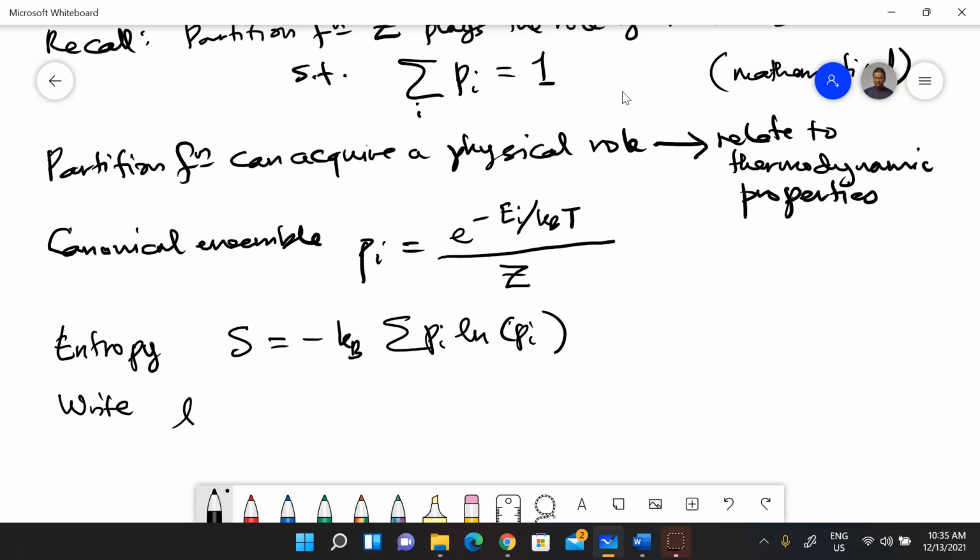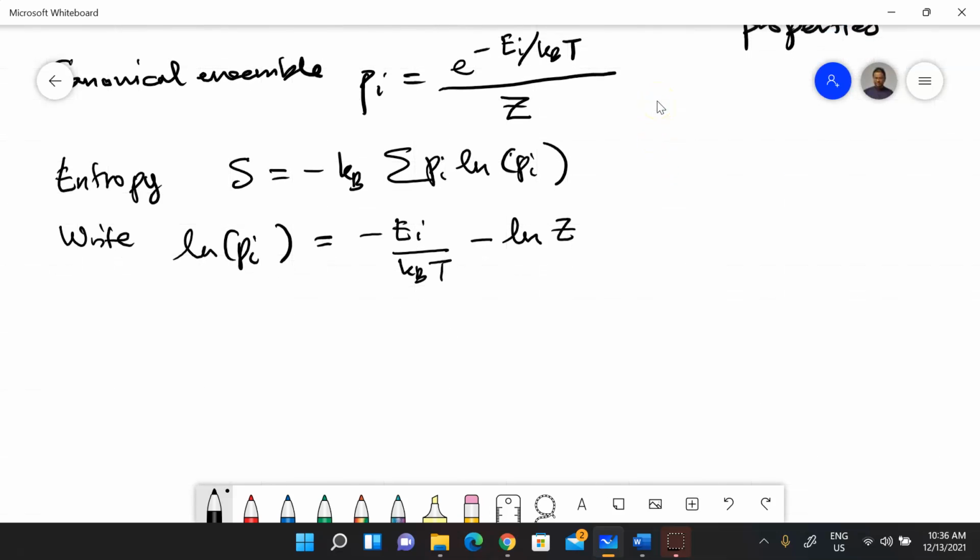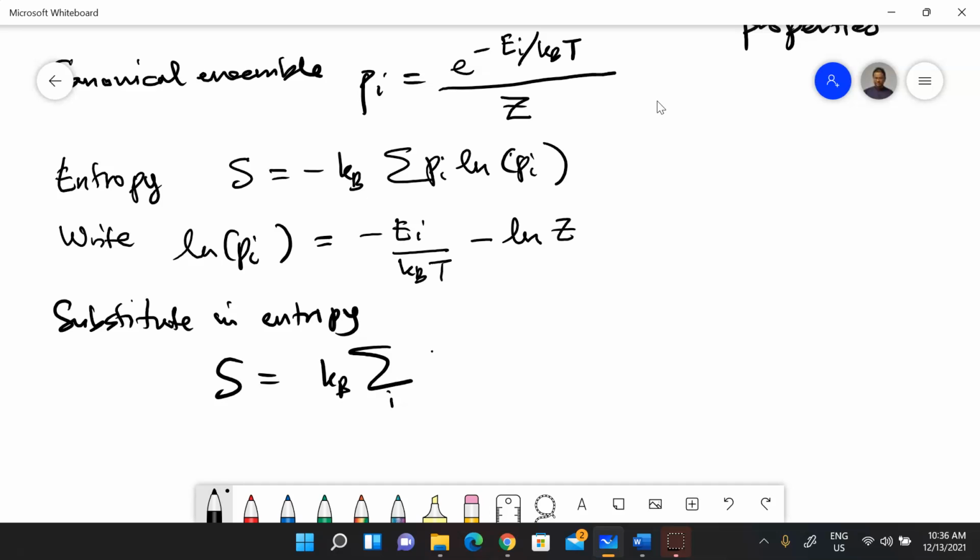So write log p_i equals, so the log of that is just minus E_i over k_B T, and then log of 1 over Z is just minus log of Z. So next you substitute this in S, entropy, and then you can rewrite your S as k_B sum over i p_i E_i over k_B T plus log of Z.